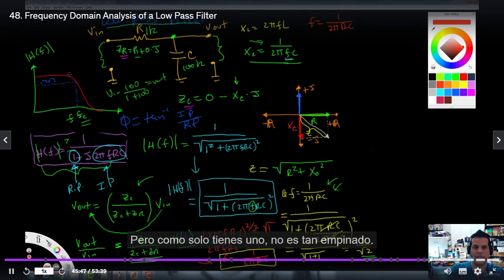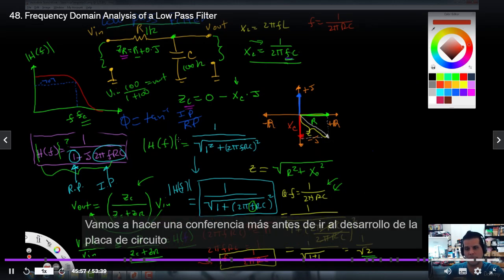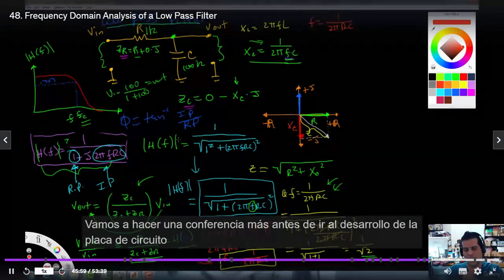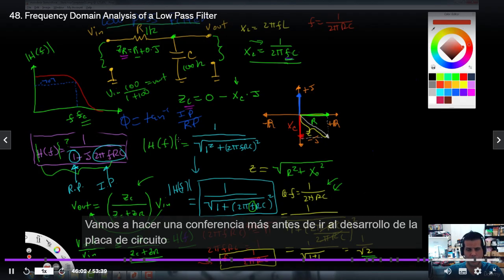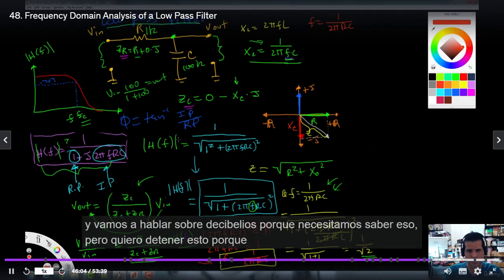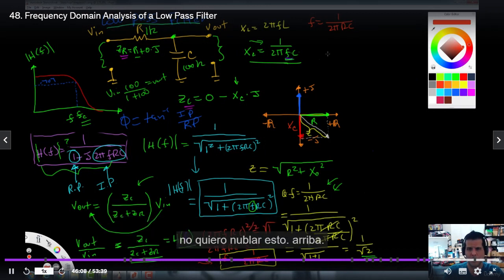Since we only have one, it's not that steep. We'll stop this and do one more lecture before we go to the circuit board development, and we're going to talk about decibels because we need to know that. But I want to stop this because I don't want to cloud this up.